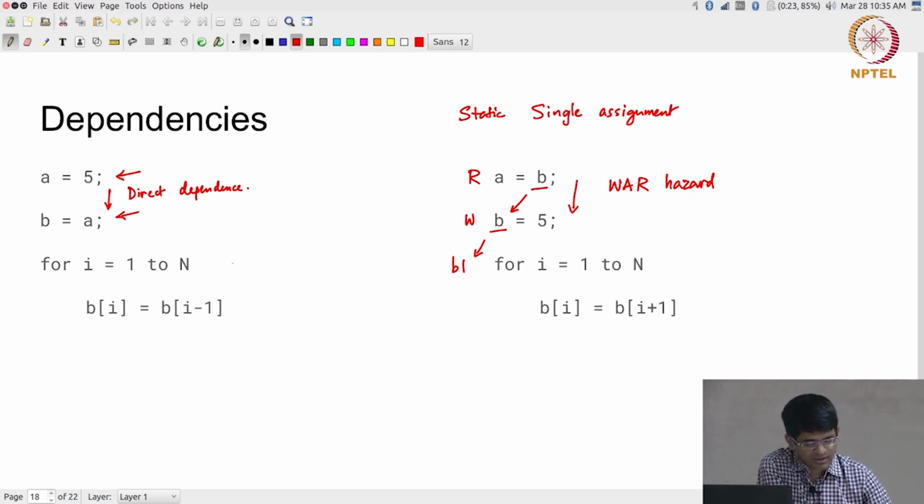Okay. The same thing happens inside this loop. What we are doing over here is, in the first case I have b of I is equal to b of I minus 1, right. I need to make sure that I actually update I minus 1, and in the next iteration it is then going to update that into I. So b of 0 will get copied into b of 1, then into b of 2, then into b of 3, and so on.